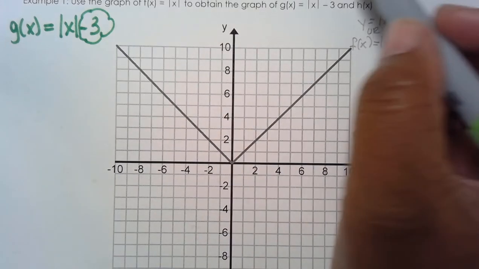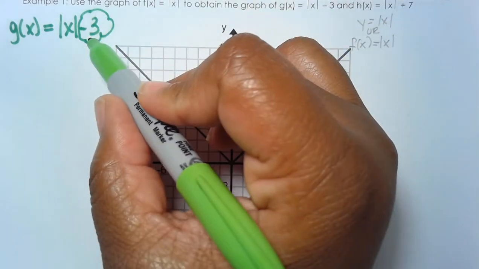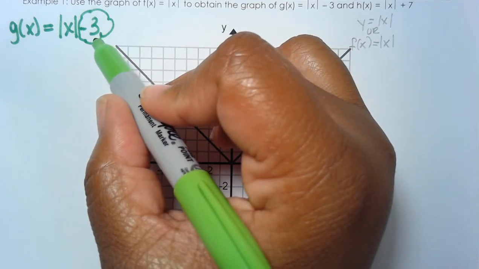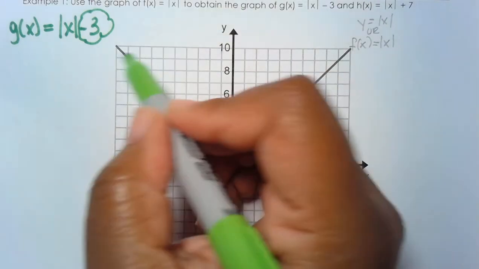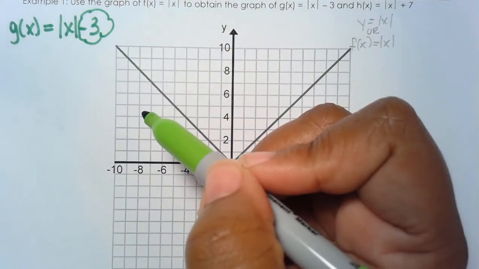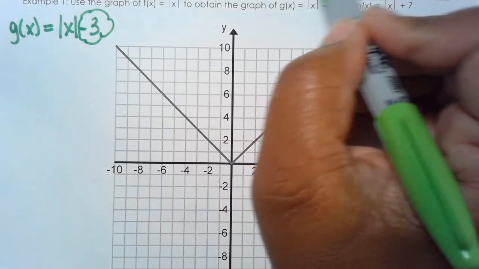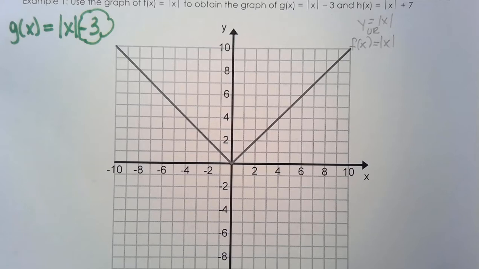So our rule says if the constant term of this function is negative, then we're going to shift downward that many units. Okay, if it's positive, then we're going to move up that many units.